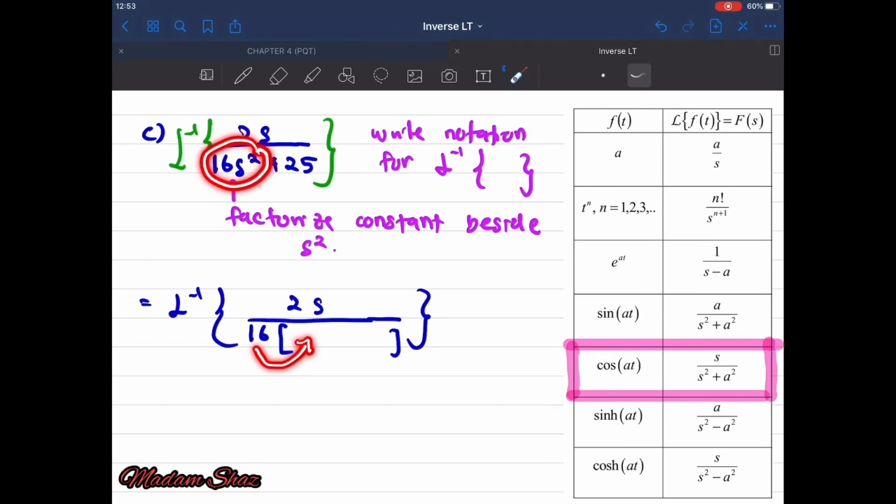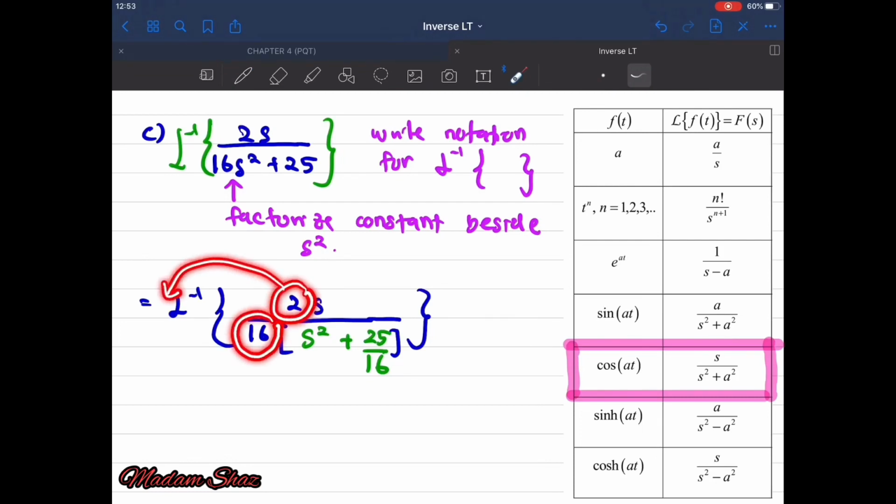So 16 multiplied by s square, plus 16 multiplied by what so that it will become 25? So 16 multiplied by 25 over 16. Now we can bring the constant 2 and the constant 16 to the front.